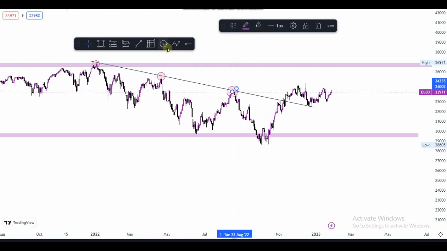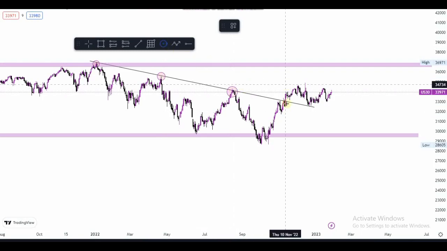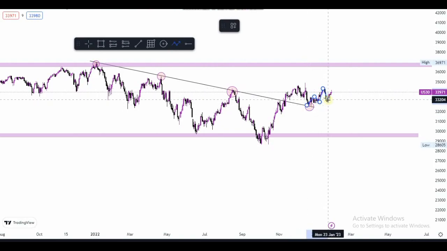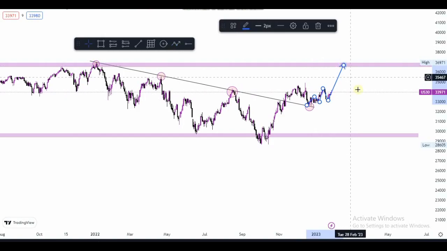And the market broke the structure, went up, and then came to test this trend line, which is called our structure. So now we're looking for the market to start heading up, to start heading out to where? To this level right here, level of sensitivity.